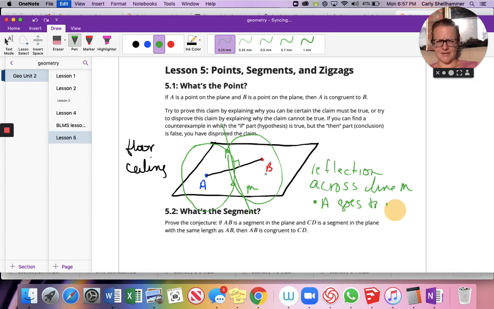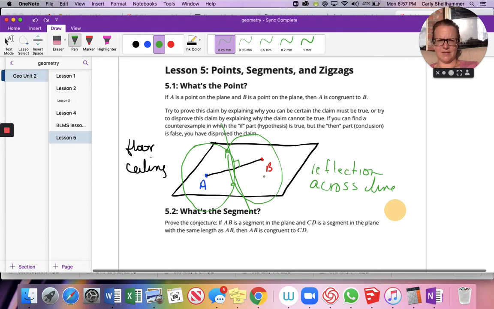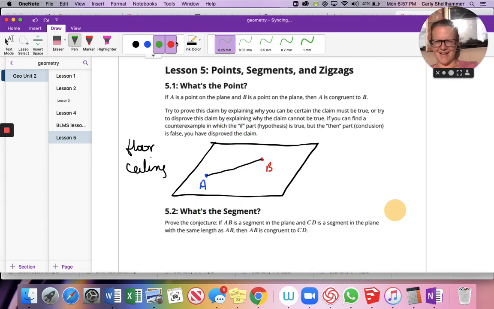Or, I probably shouldn't delete everything, but you can always rewind if you want to see what I wrote. Ooh, if I write in cursive, it's easier to erase. Or, let's do green again. Just make it a little thicker. If I find the midpoint, which I just did with a perpendicular bisector, I don't need the perpendicular bisector anymore, but I need the midpoint.